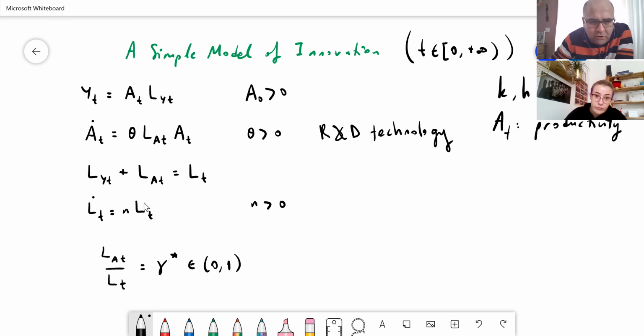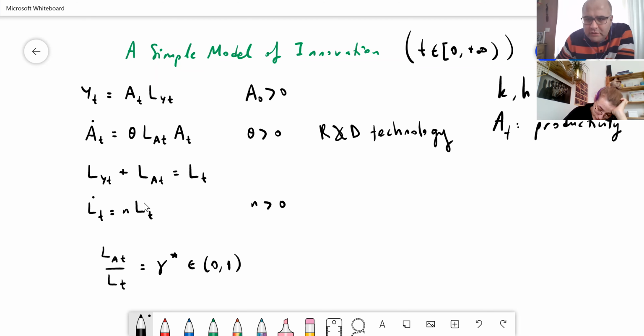So if you employ some workers in that R&D sector, this is L_A(t), those workers employed in the R&D sector are going to use the existing state of technology, existing state of knowledge A(t), to produce new knowledge, right?